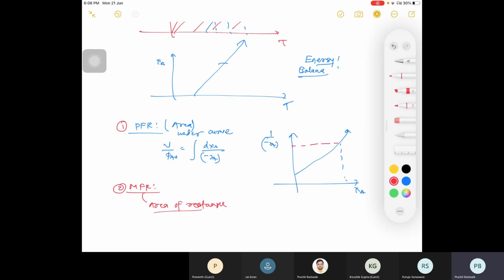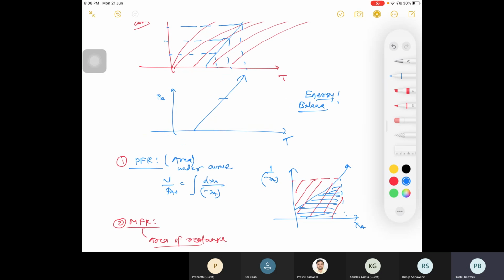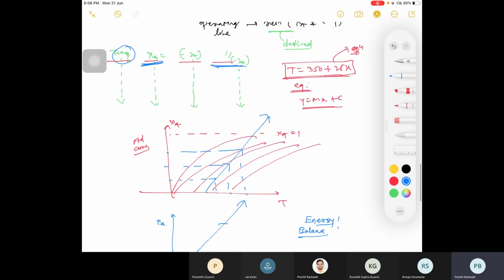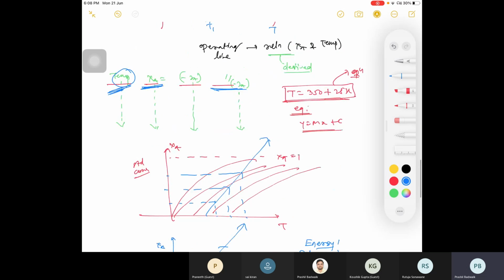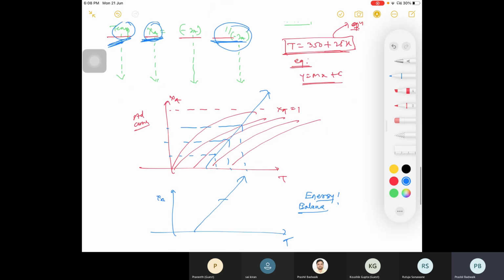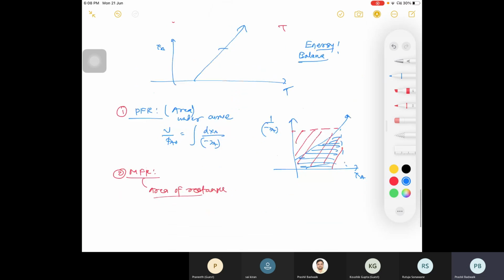That is your final Xa, that is your MFR, and this is for your PFR, right? So for non-isothermal system also you can get same data. यहाँ पे temperature vary हो रहा है, still we are getting Xa versus 1 by minus Ra curve, right? And based on which we are calculating the volume of reactor that is required. समझे ये? Yes, sir.